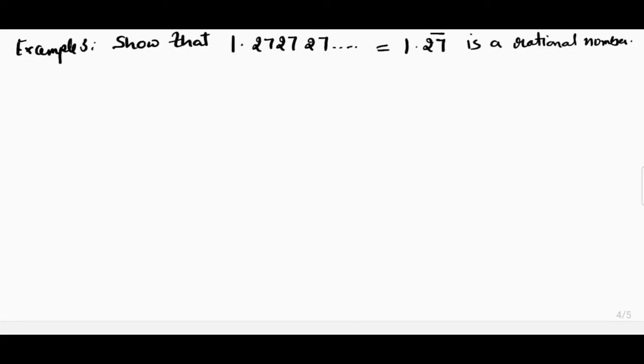So now let's take one more example where a set of digits is repeating itself. So similarly, show that 1.272727 and so on, which we can write like 1.27 bar, is a rational number, means that we can write this number in P upon Q form where Q is not equal to 0. So similarly here I will let x is equal to 1.272727 and so on. Here how many digits are repeating themselves? 2 digits are repeating. So I will multiply this x with 100.